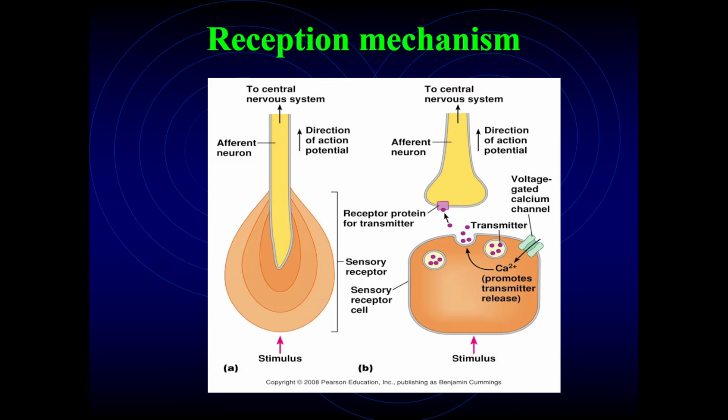causes depolarization of the postsynaptic membrane of the afferent neuron and formation of generator potential or GP, and GP is transformed into action potential. And action potential can propagate.